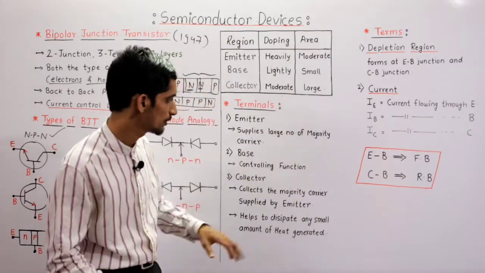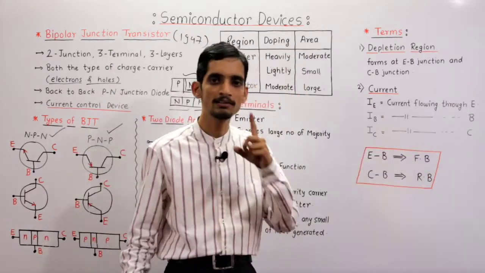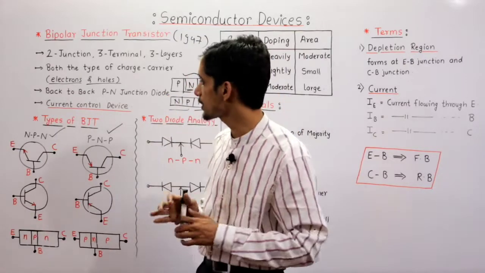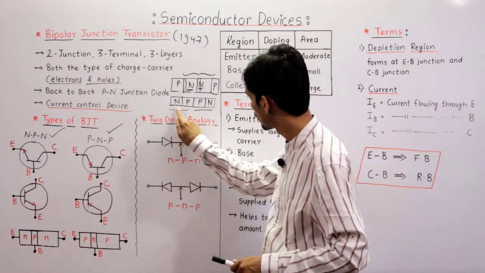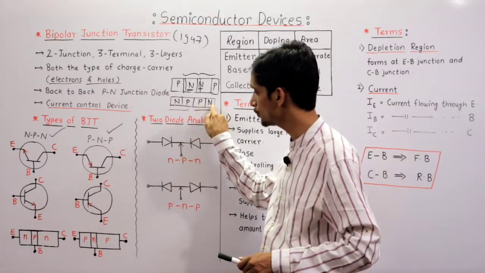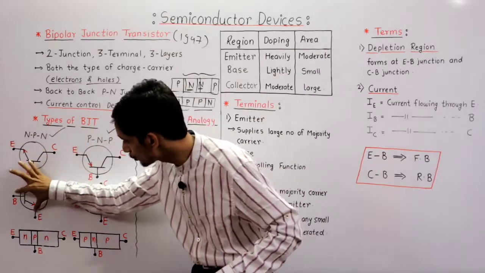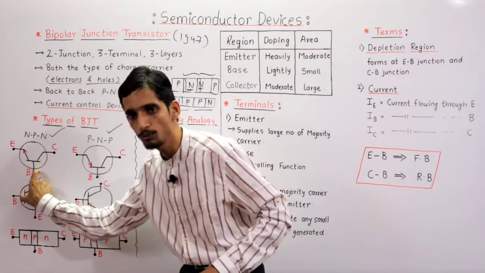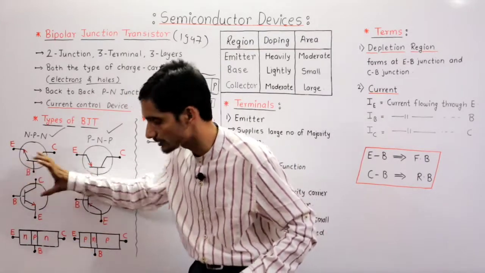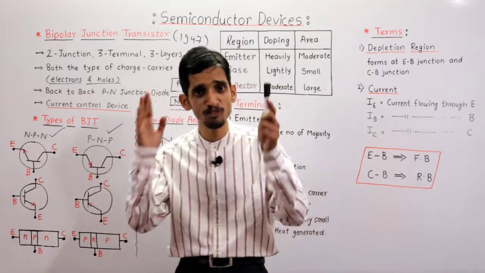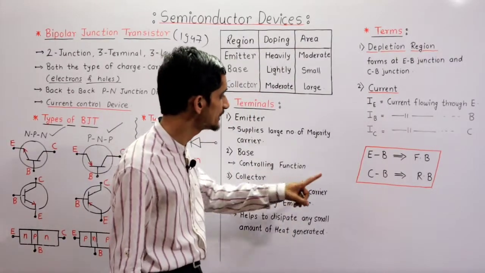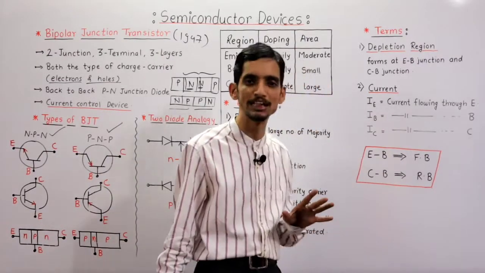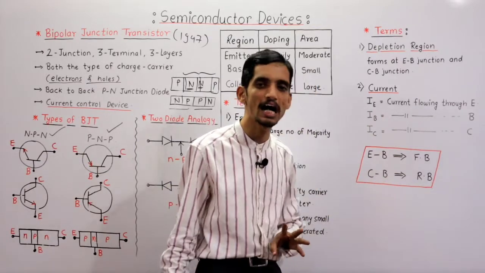Now one important point. In a transistor, two junctions are present: emitter to base and collector to base. For normal operation of the transistor, the emitter to base junction is FB and the collector to base junction is RB.